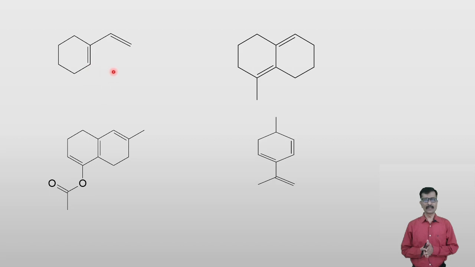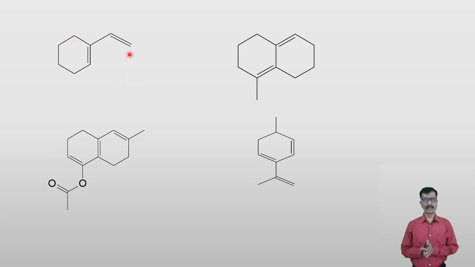Now another part we have to see whether it has any double bond extending conjugation. For having a double bond extending conjugation, there should be one more double bond in addition to the diene system. If you look at this, here is a diene, but there is no additional double bond along with this diene system. So there is no question of double bond extending conjugation.